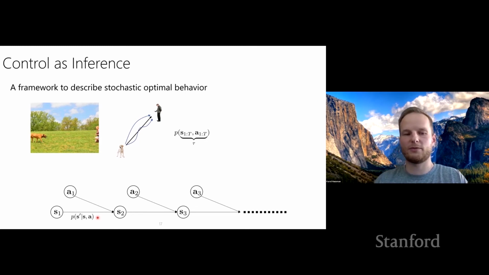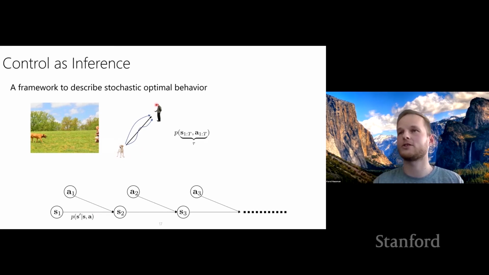Now, this is not extremely expressive because it just describes any behavior that the dog can do. The dog can take any actions that will result in next states, but it doesn't describe the situation we're in here, where the dog is doing a very specific behavior.